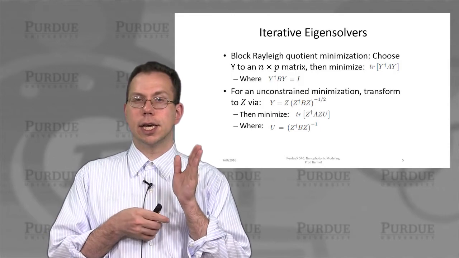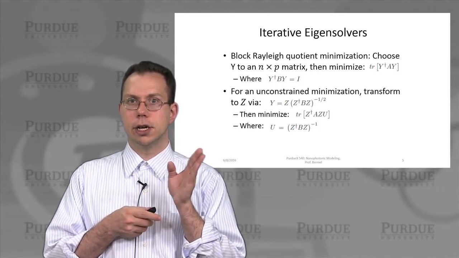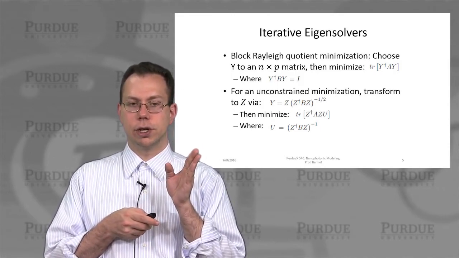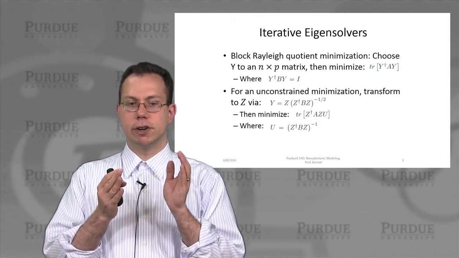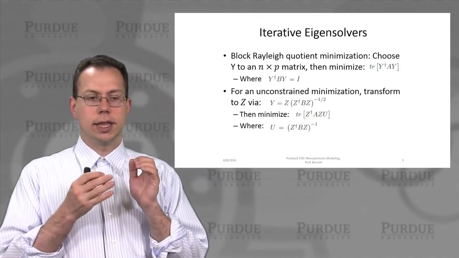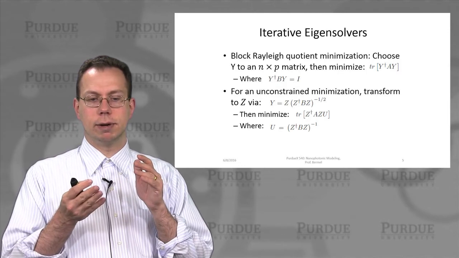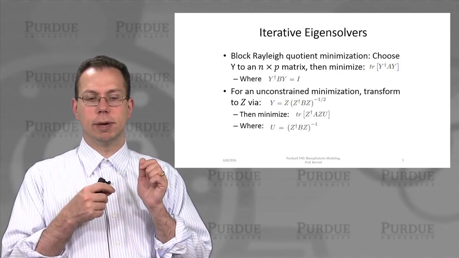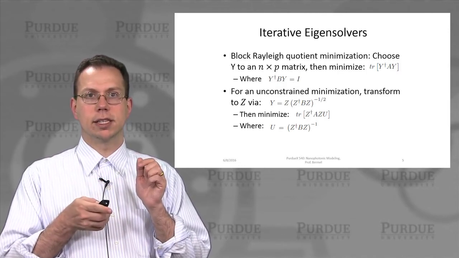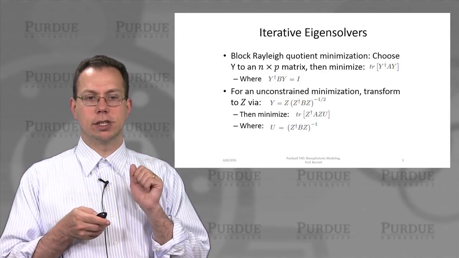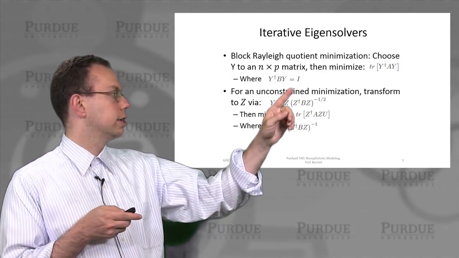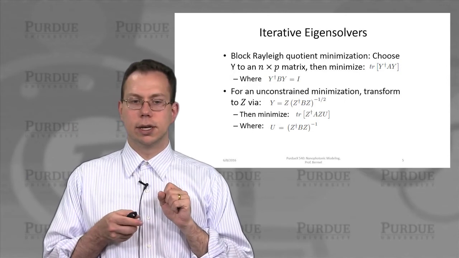This is essentially a generalization of the Rayleigh-Ritz method that I just showed you, just done in a block configuration that I mentioned earlier. We can also perform an unconstrained minimization by transforming to a z basis, which can make things a little faster computationally, rather than having to strictly enforce this condition directly.